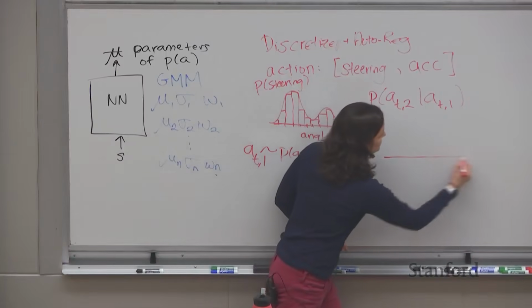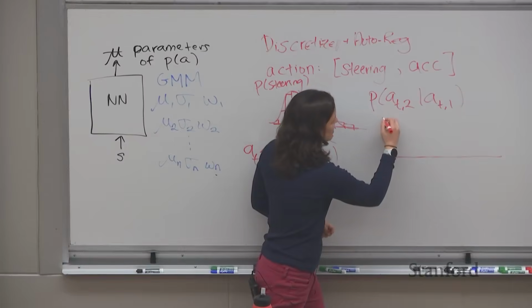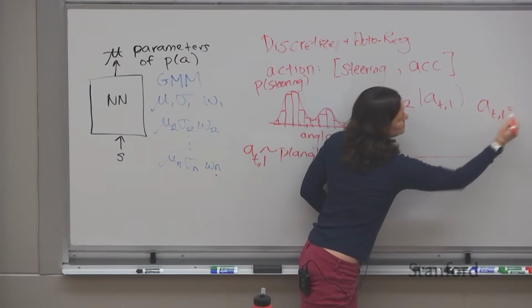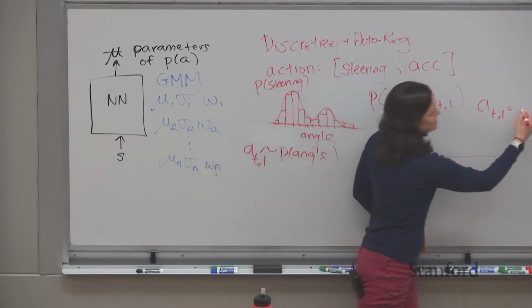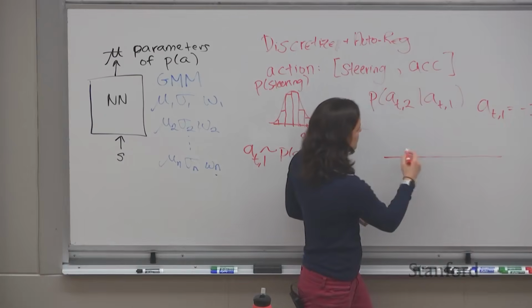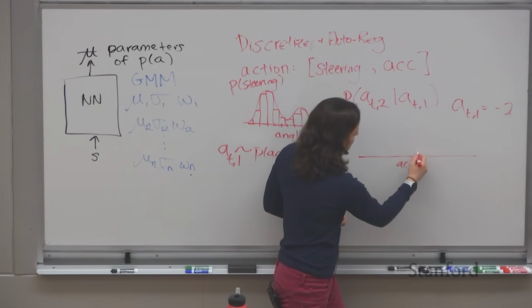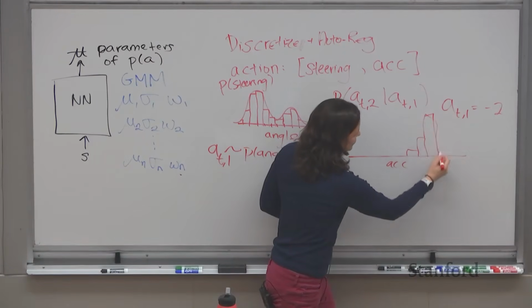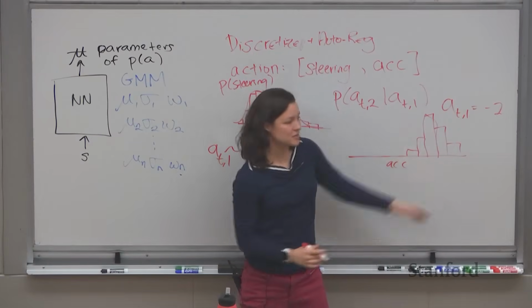In this case, if you are conditioning on a_t^1 equals maybe an angle like -2, so something more left, then you might output a distribution over acceleration that has more probability on higher accelerations.